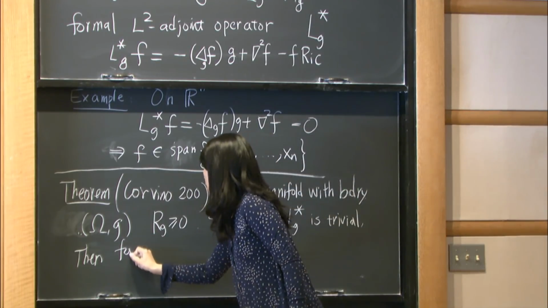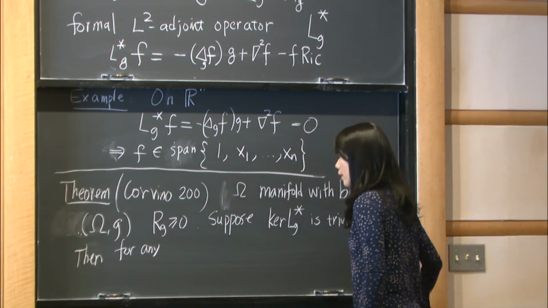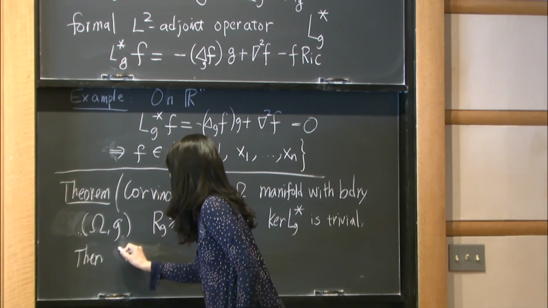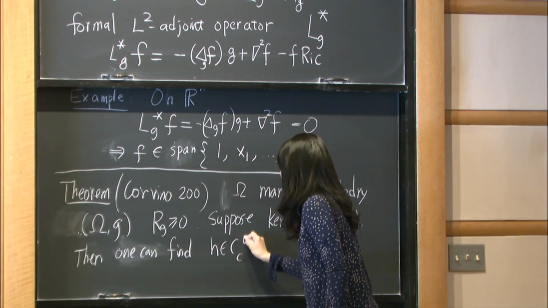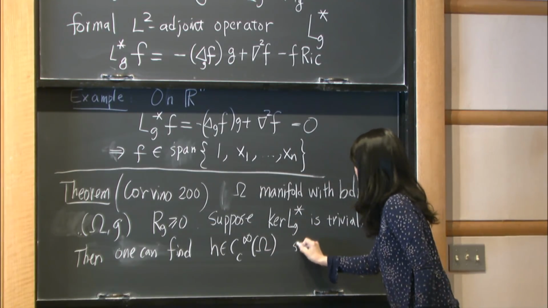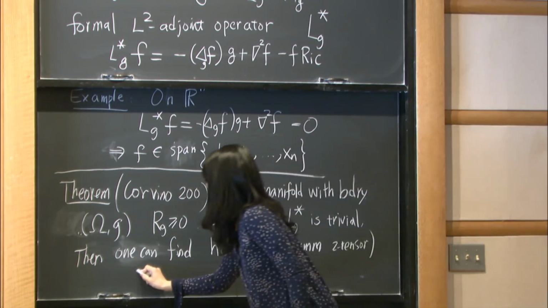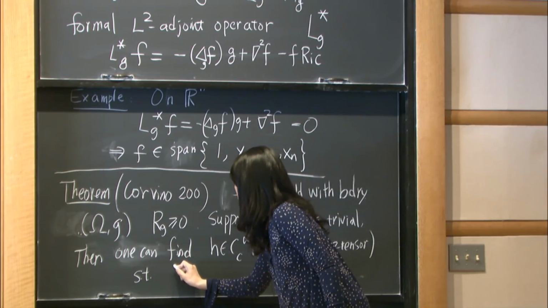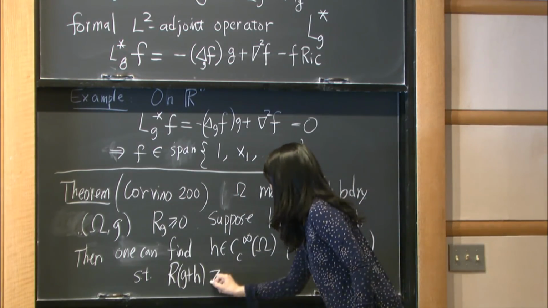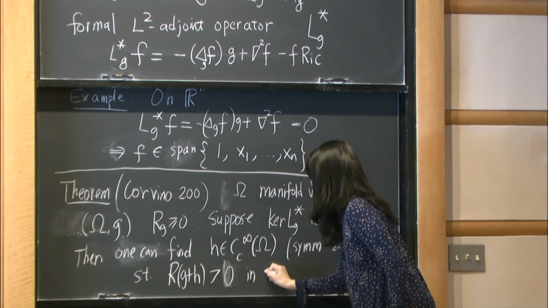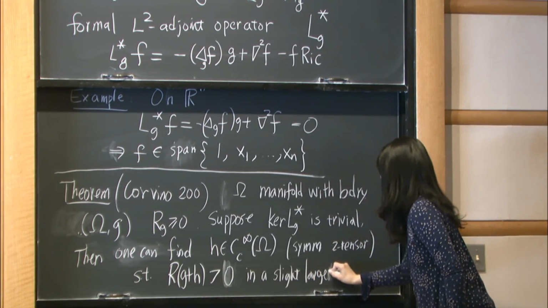Then we can find a compactly supported symmetric tensor h, such that the scalar curvature of the original metric plus the small deformation has strictly positive scalar curvature.